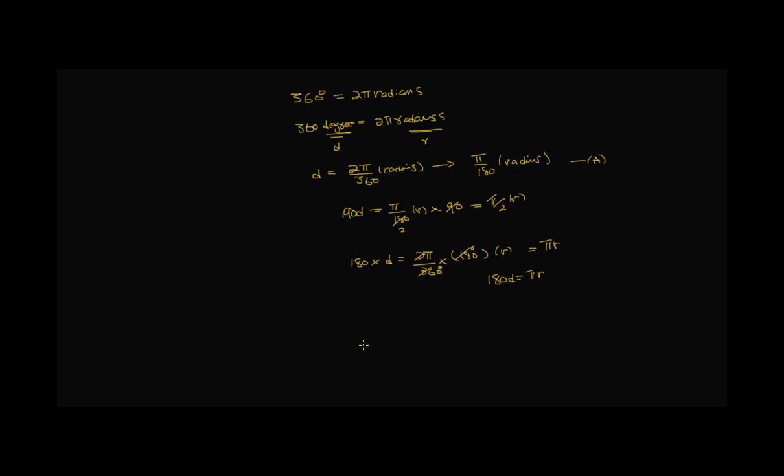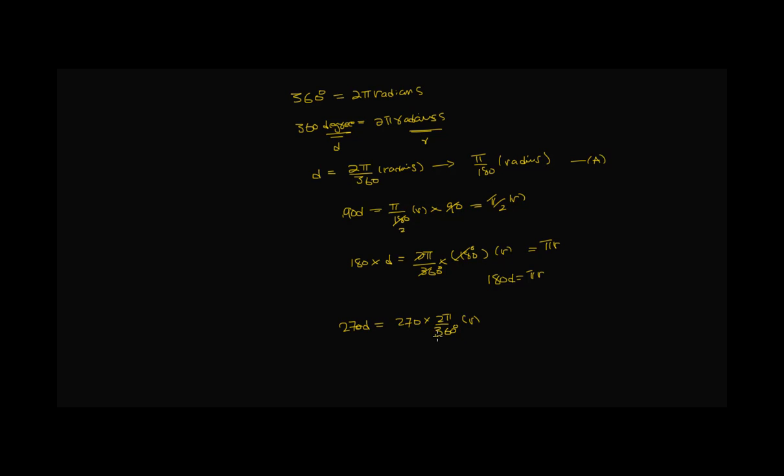So what about 3/4 of a full circle, or 270 degrees? How much is it going to be in radians? Let's do the same thing. Let's multiply both sides of the original equation A by 270 degrees. So 270 degrees is equal to 270 times 2 pi over 360 radians.